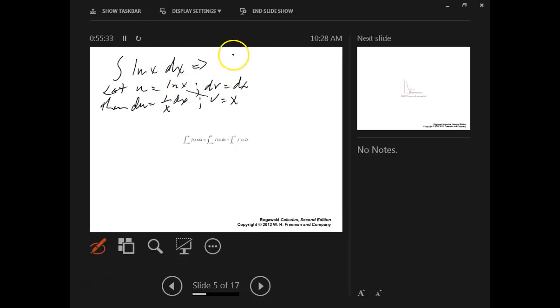u times v, so this is actually equal to x log x, right? u times v, minus the integral of the bottom line. And what's that? And what is x over x?